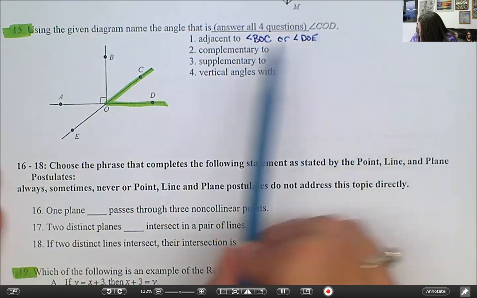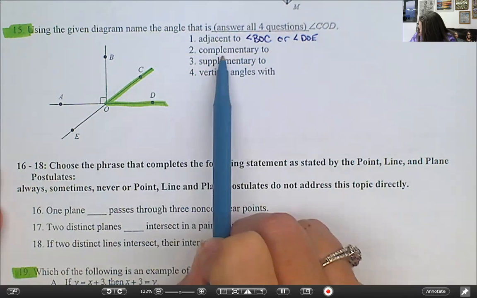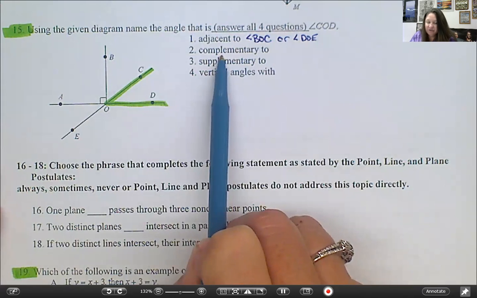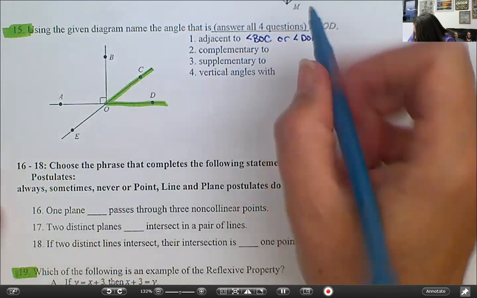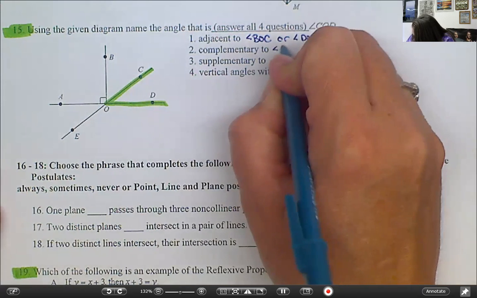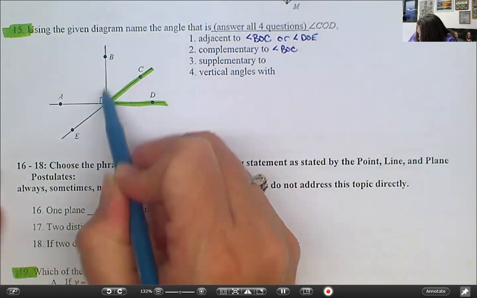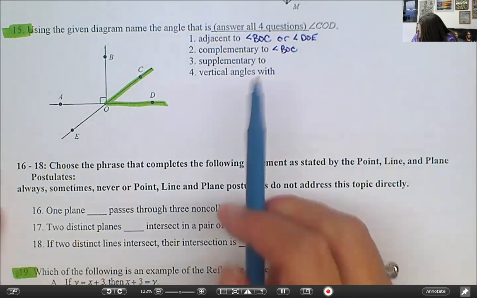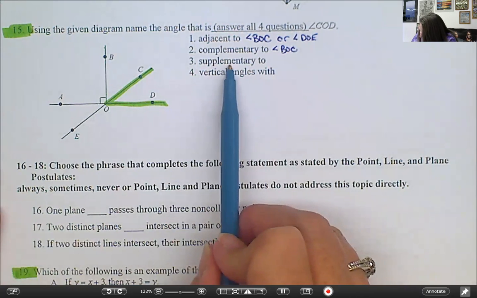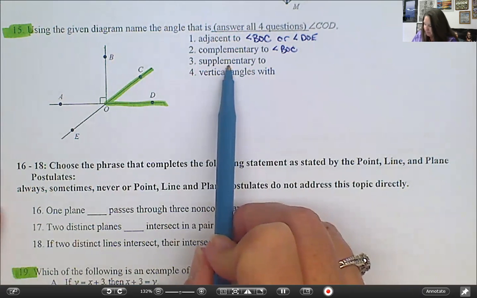Now, if we want to know what's complementary with COD, complementary has to make a 90-degree angle. So the angle I'd want to use here would be BOC, because these two together would make this right angle in our diagram. However, if we want it to be supplementary, keep in mind that supplementary is going to be 180 degrees or form a line.